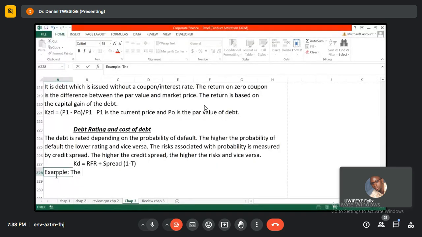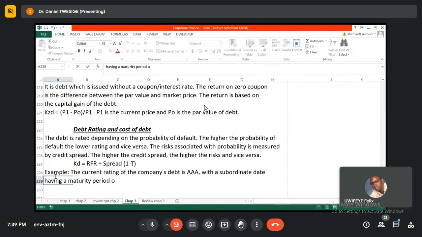The current rating of company X's debt is AAA, with subordinate debts having a maturity period of 5 years.